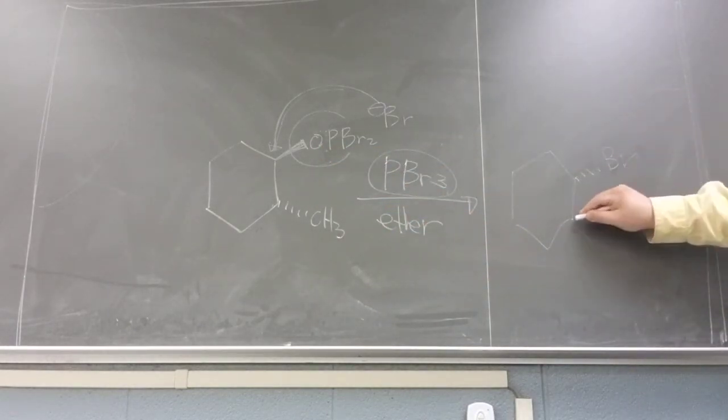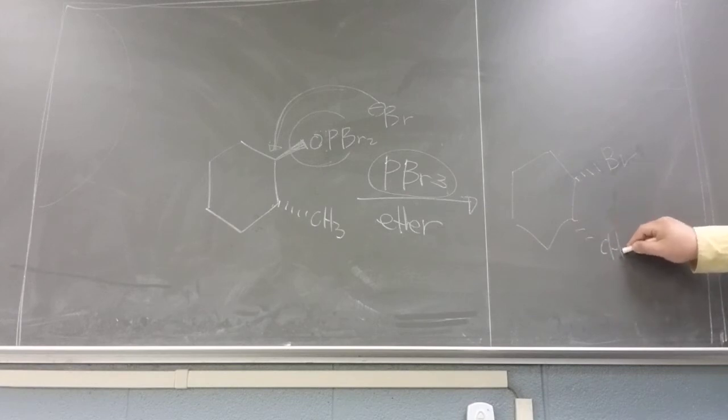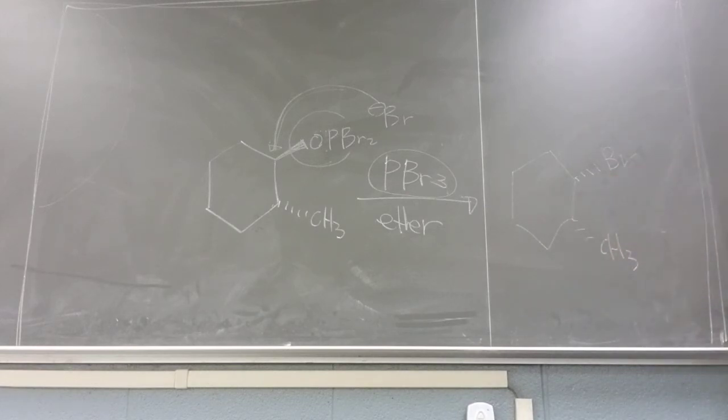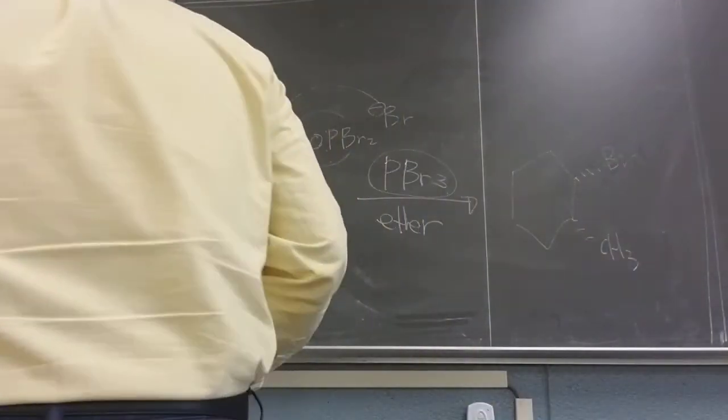So the answer will be the bromo group on this carbon on the back, not on the front. This is SN2, so there should be inversion of stereochemistry. Makes sense, right? All right.